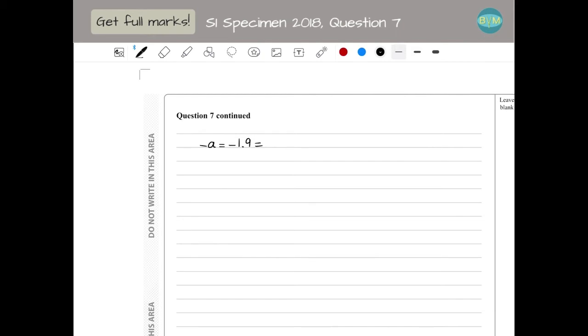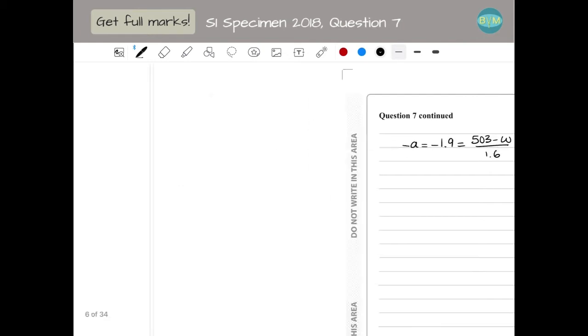And we said that this is 503 minus W divided by 1.6. So from here I just find W, and W is 506.04.